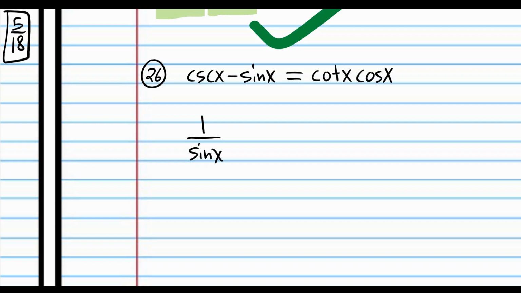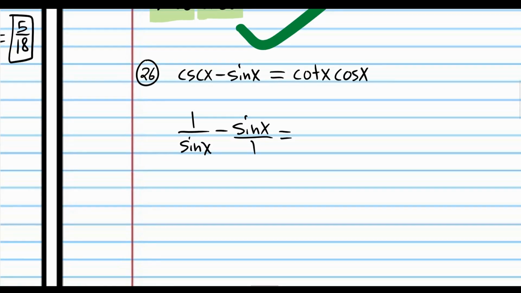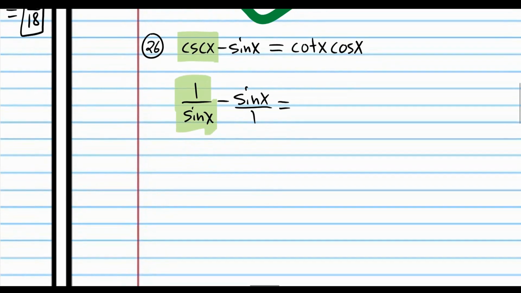I'm going to change cosecant to 1 over sine x. And I'm going to write sine x as sine x over 1. So I used a reciprocal identity. I'm then going to multiply both sides of this fraction by sine x in order to get a common denominator.